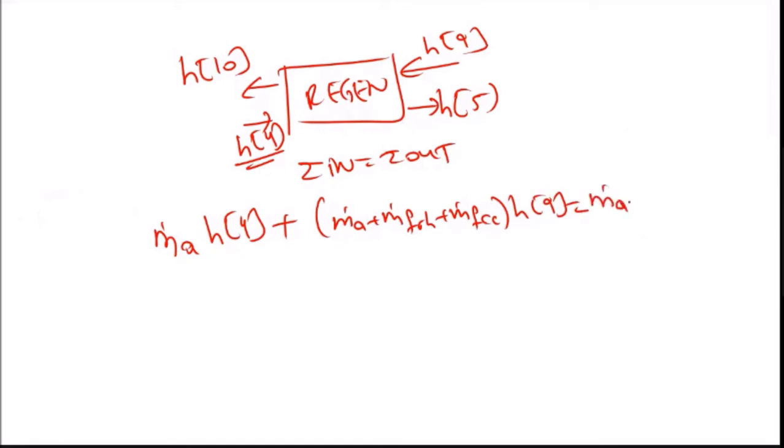M dot air enthalpy 5 plus the same m dot air plus m dot fuel reheater chamber plus m dot fuel combustion chamber, into enthalpy at 10. And this is the first law for the Regenerator. Solve it.